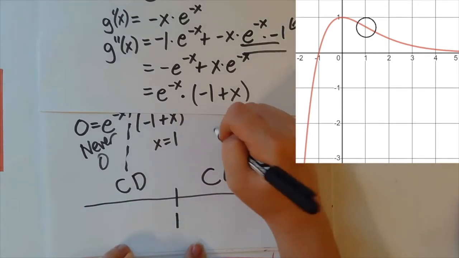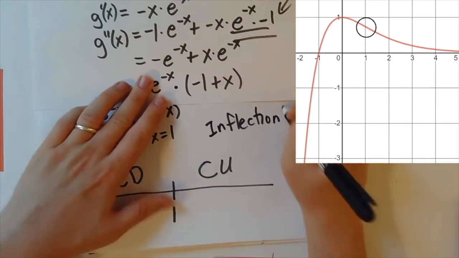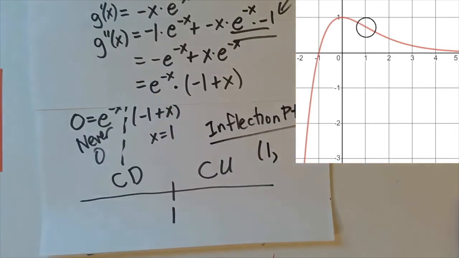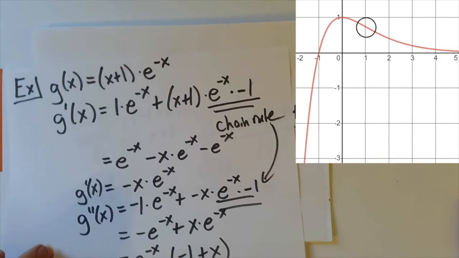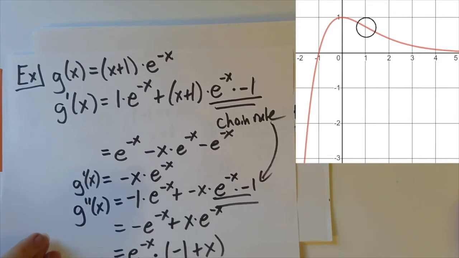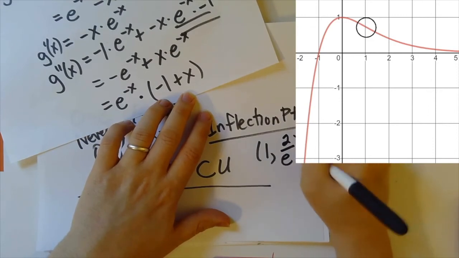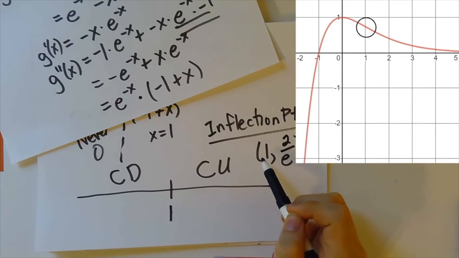Okay, so if we wanted to write down the inflection point here, the inflection point is 1, comma, g of 1. So you have to go all the way back to what g was, and it's going to be 2 over e, or 2 times e to the minus 1, whichever you like, for the inflection point.